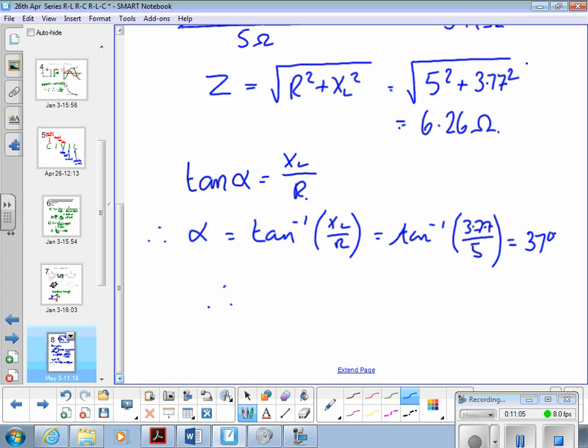Therefore, ZT is equal to 6.26 ohms angle 37 degrees. So that's finding the total impedance.